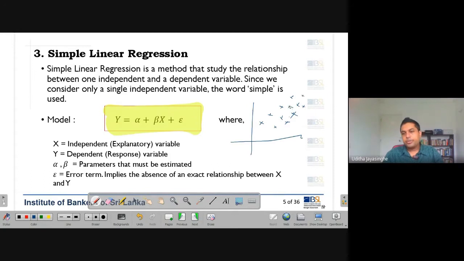All we are going to do, by learning this, is try to draw a best fitting line, a linear relationship. For that, we are bringing in alpha plus beta x plus epsilon as our model. But this epsilon is the problem part, where these errors are going to be identified for each of these points.